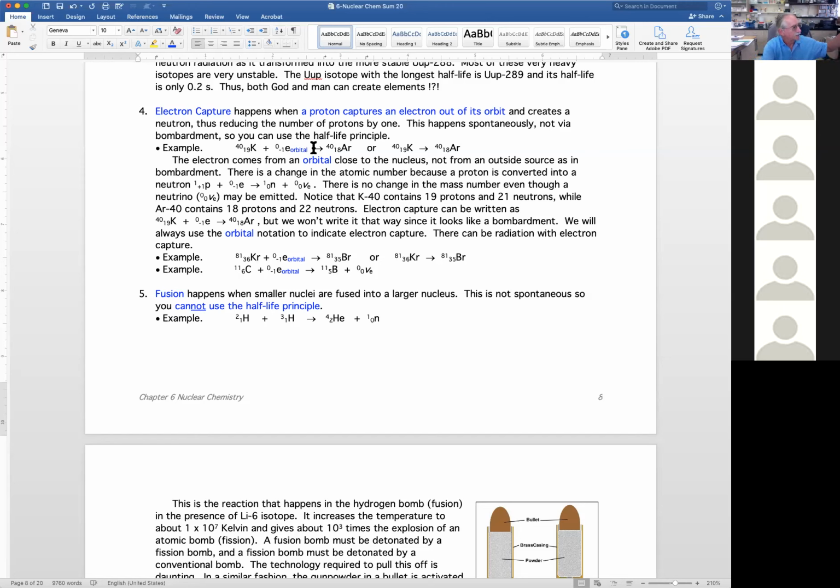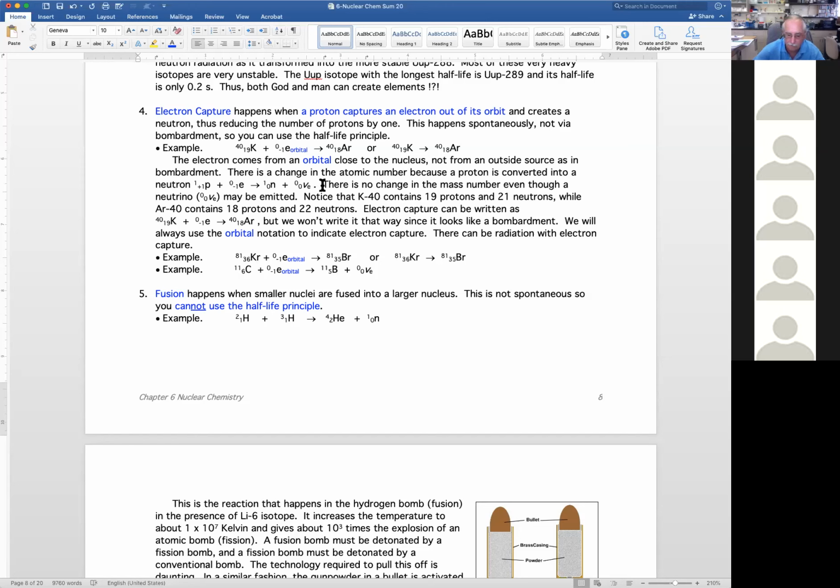Yep. So if you look on this table of selected nuclear events, whatever it is, you will see EC in several places. That stands for electron capture. So just to be clear, it's not bombardment. Not bombardment. Right. Spontaneous. And to distinguish between bombardment and spontaneous is whether or not orbital is written.